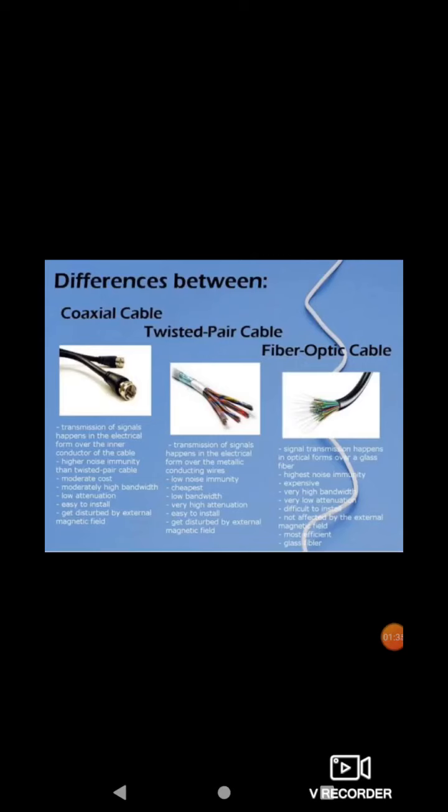I'm sure students, we all have seen or come across these types of cables, just that we are understanding the terminologies used to represent them. In this picture we have twisted pair, coaxial, and fiber optic, and down below we have the usage definition as we read. This is for your understanding, so that you can remember these types of cables.